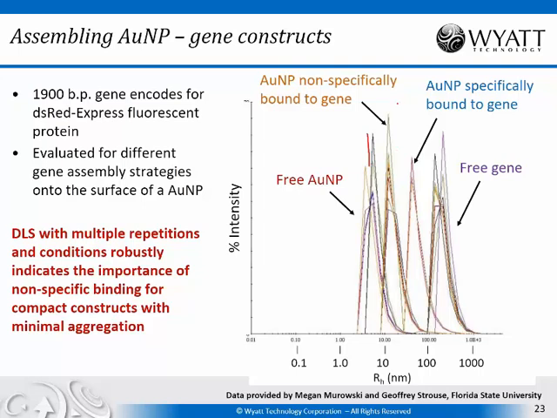If the gene is bound non-specifically to the gold, so it wraps around the nanoparticle and is not hanging off, it gives you a relatively small size, which is only a little over 10 nanometers in radius. On the other hand, if the gene is bound specifically to the particle, attached at one end with the rest hanging off, that can lead to both a large size and interactions between adjacent nanoparticle-gene constructs, which lead to aggregation.